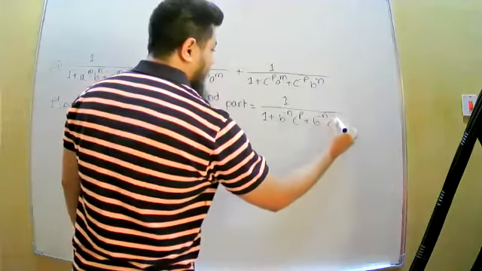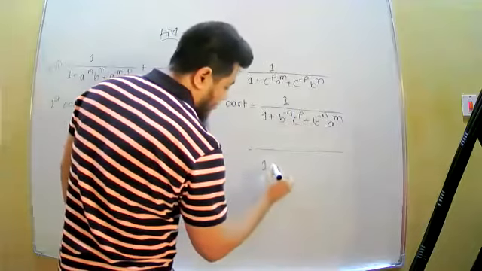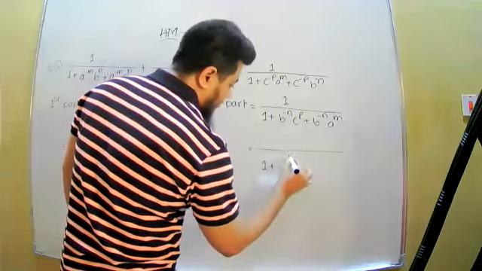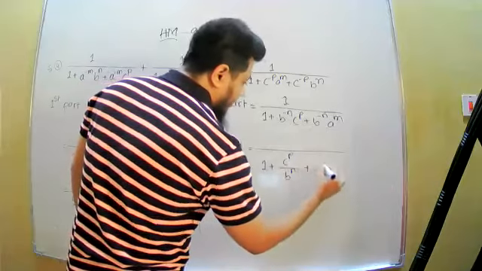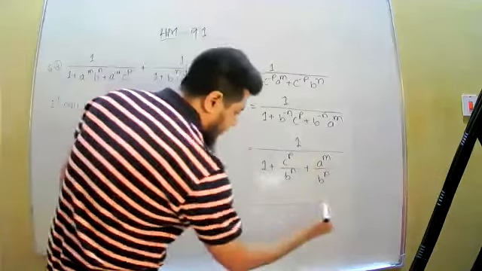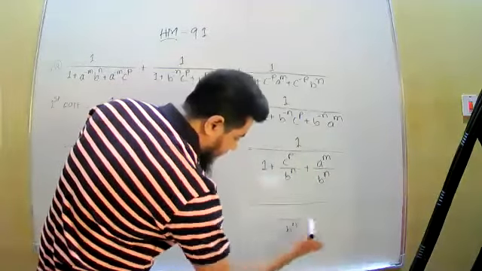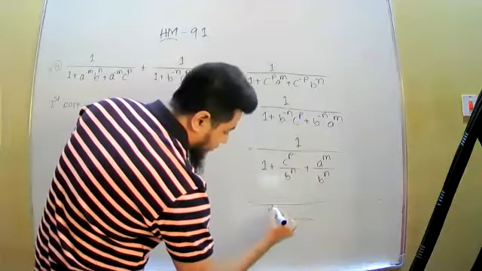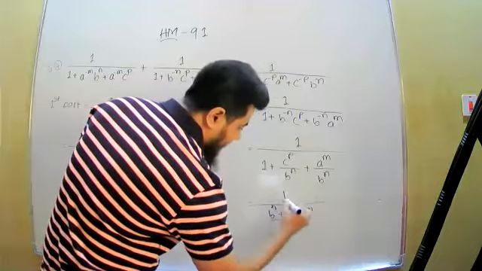1 plus c to the power p divided by b to the power n plus b to the power n to the power e to the power m. Again, we will take LCM b to the power n. In the numerator, it will be b to the power n plus c to the power p plus e to the power m.